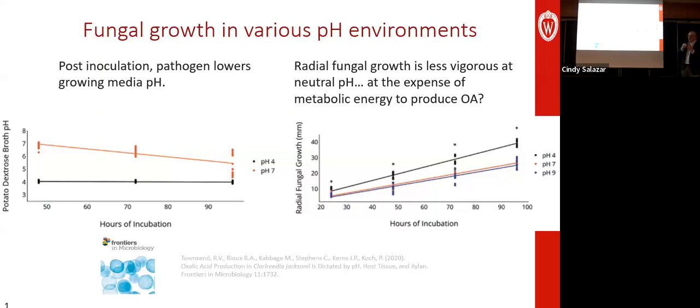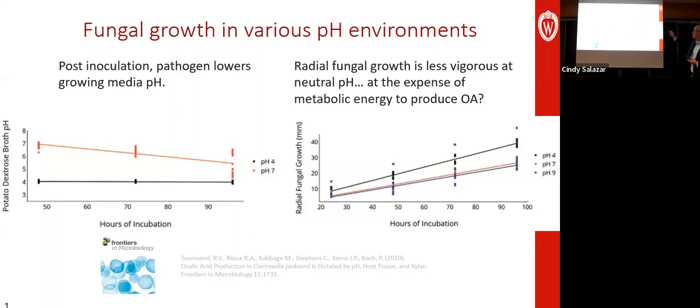It prefers a more acidic pH to infect the leaf. And this has been demonstrated in Sclerotinia sclerotiorum with white mold in soybeans. And so what we think is happening is there's a metabolic cost to the fungus to produce that OA to optimize the infection.